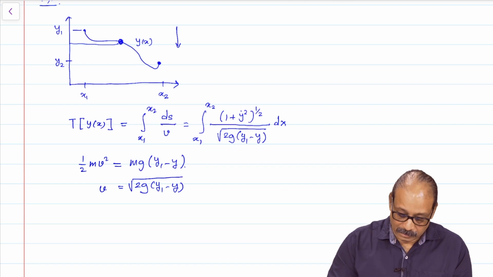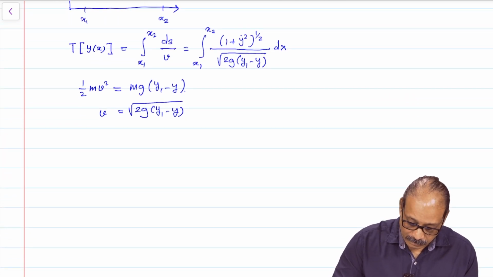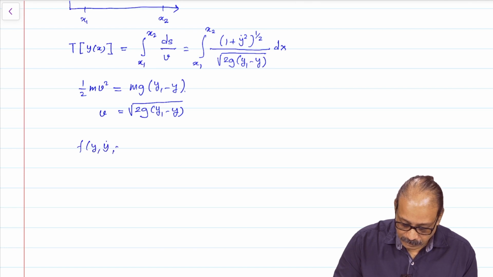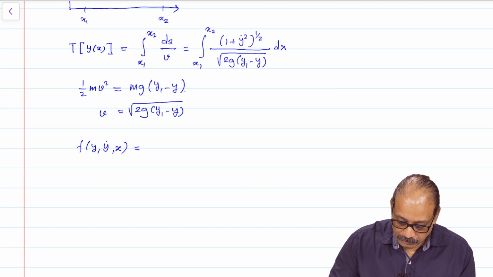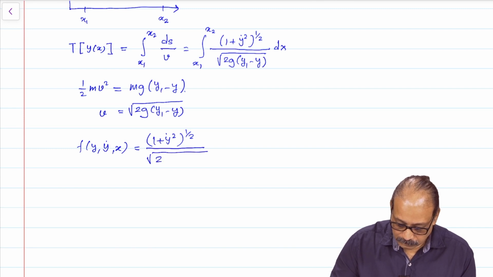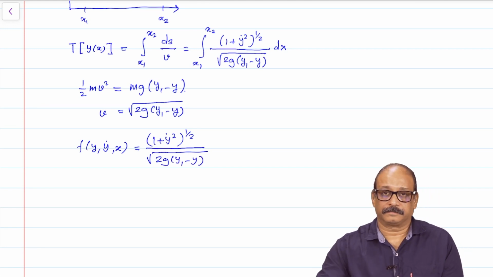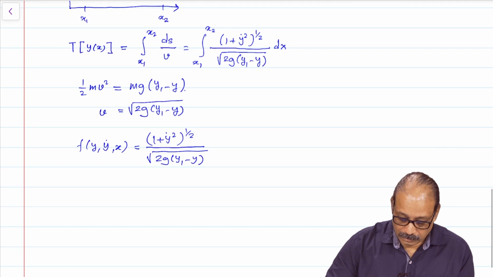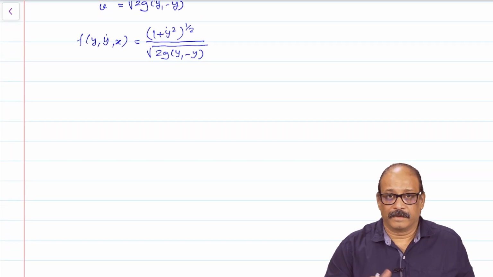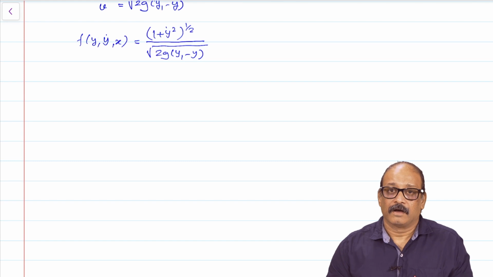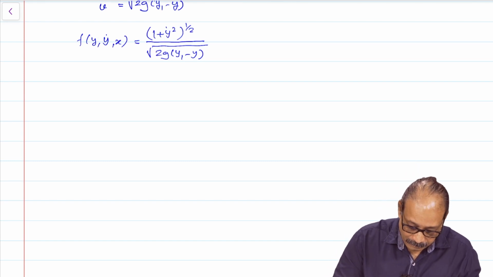And in this case the integrand function is 1 plus y dot square to the power half over the square root of y1 minus y.